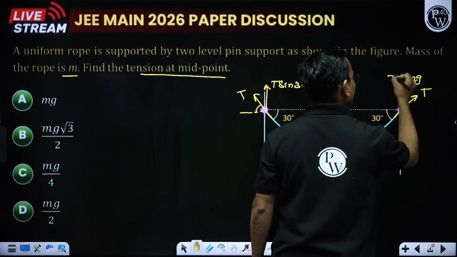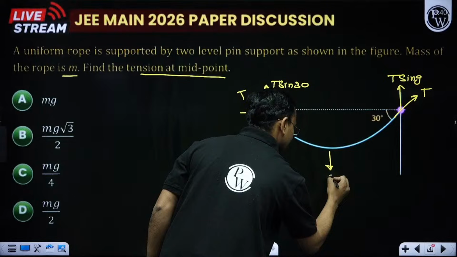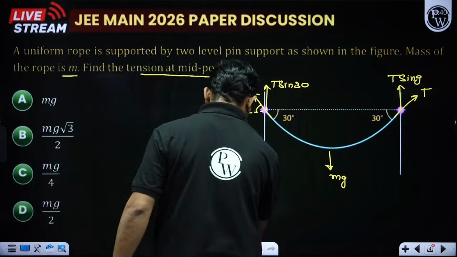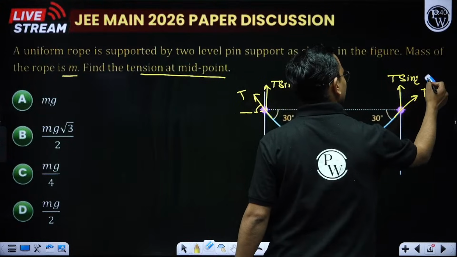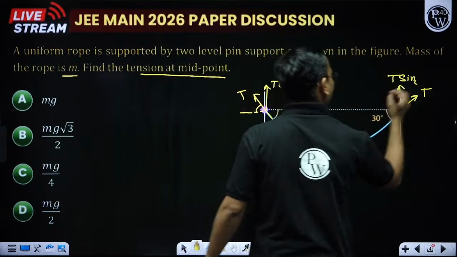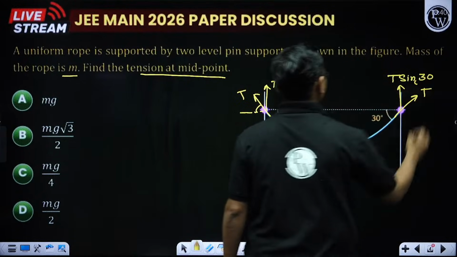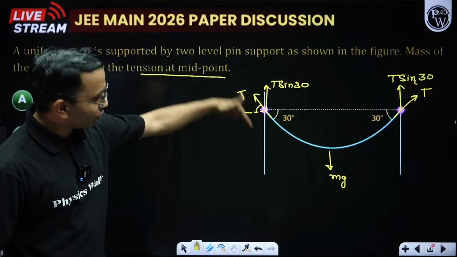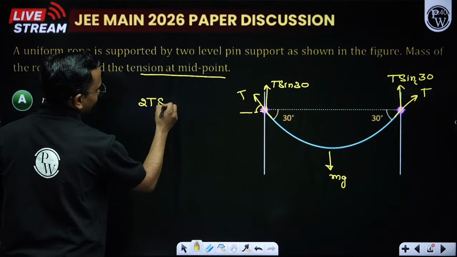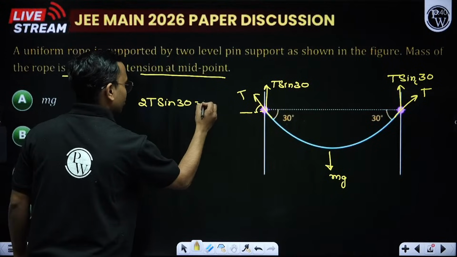On this total rope the downward force mg is acting, the upward force is 2T sine 30. It is in equilibrium, so I can say 2T sine 30 is equal to mg.